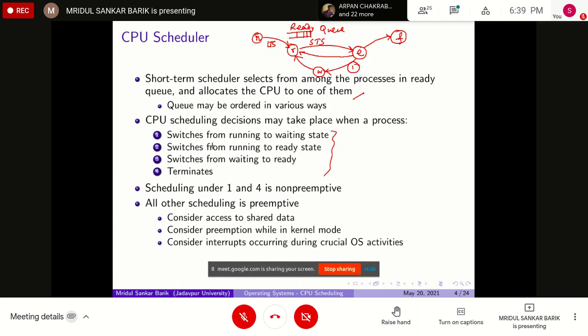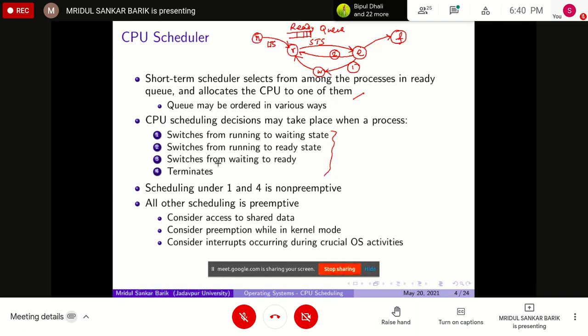Then case 2, when a process switches from running to ready state. A process was executing right here and it was interrupted due to some reason and brought into ready state. In this case also a CPU scheduling decision has to be made, because no process is currently running. One of the processes in ready state has to be selected and given the CPU.